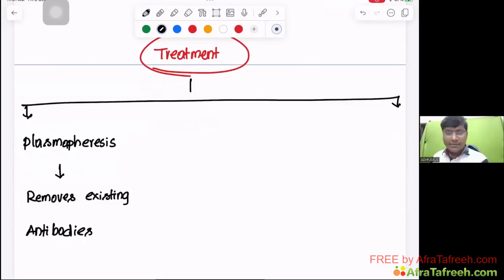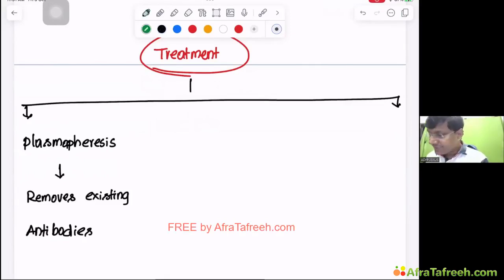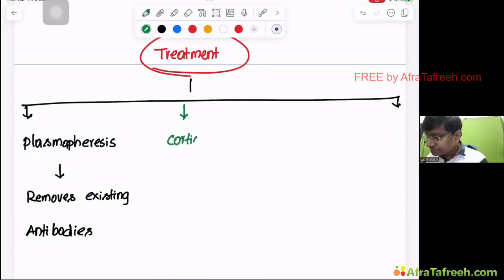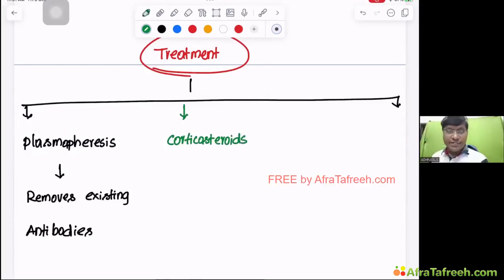Okay. Then after plasmapheresis, the next important is corticosteroids. What will these corticosteroids do? These corticosteroids will suppress new antibody formation, right?